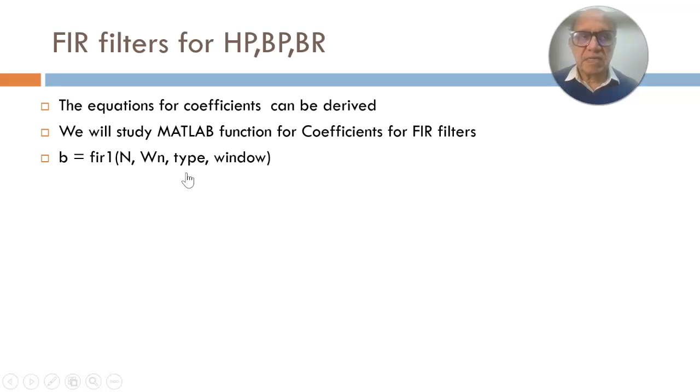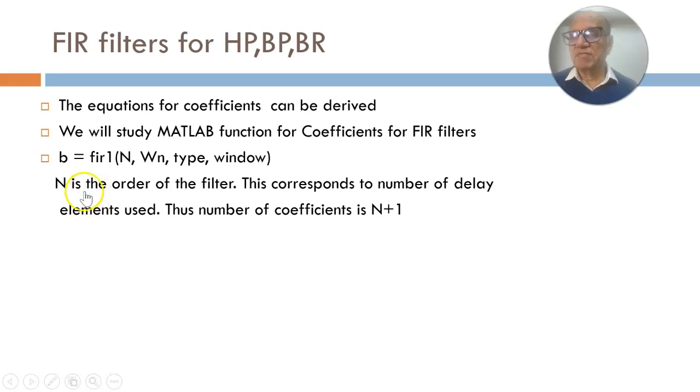Then the type, whether it is low pass, high pass, band pass and so on. And the window, whether you are going to use a rectangular window function or Hamming window or something else. And when you provide these parameters to this function, what it returns is the array of B coefficients. That is the coefficients for the FIR filter. Alright, so let us look at each of these parameters one by one.